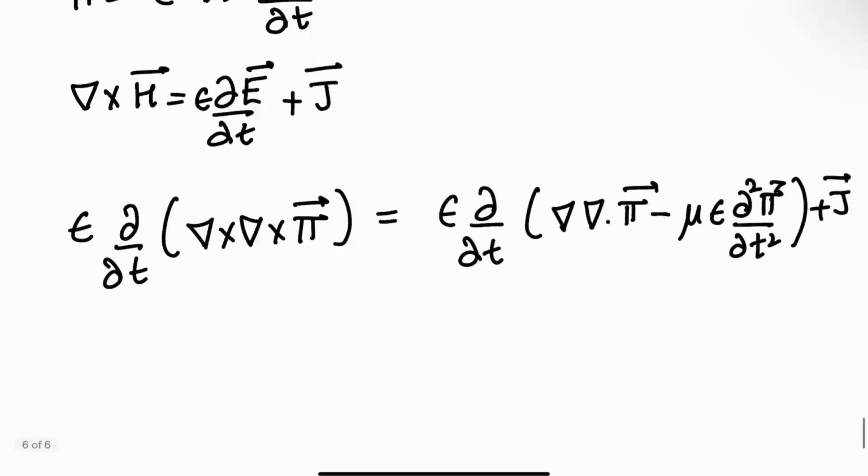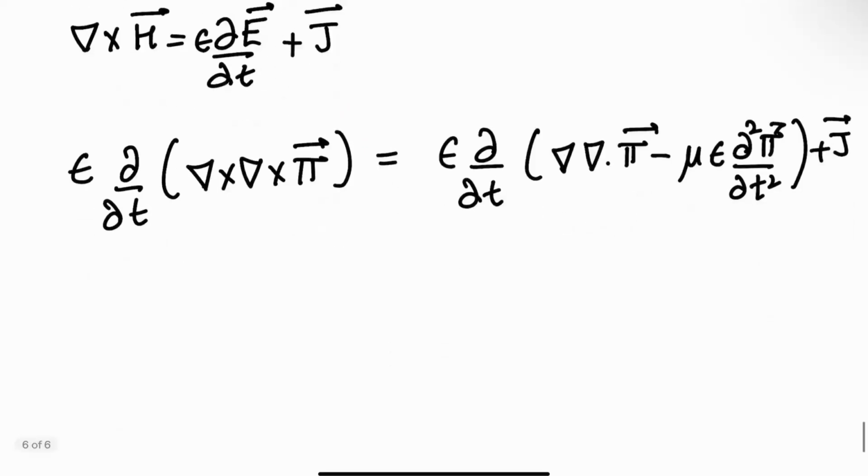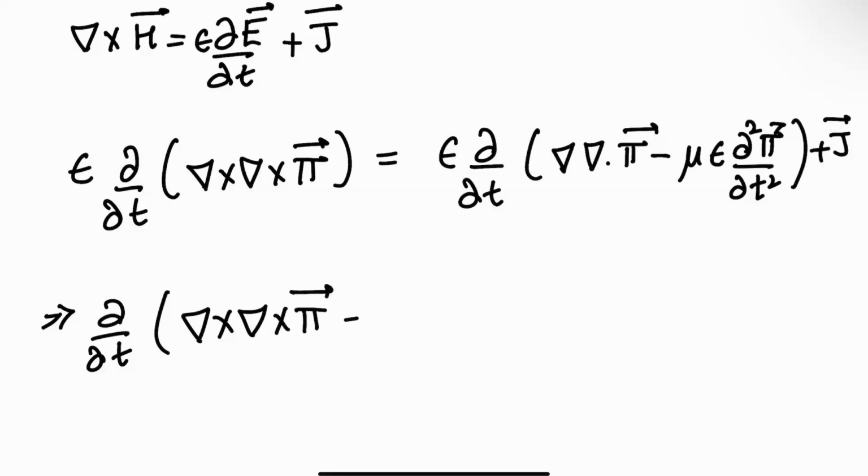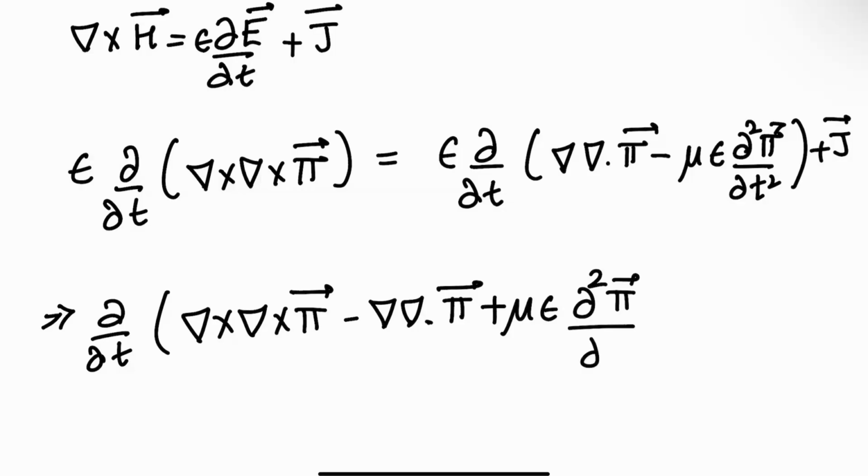Okay, I can combine these two terms into one term. And that gives me d/dt of curl of pi minus the gradient of divergence of pi plus mu epsilon d squared pi over dt squared equal to J over epsilon.